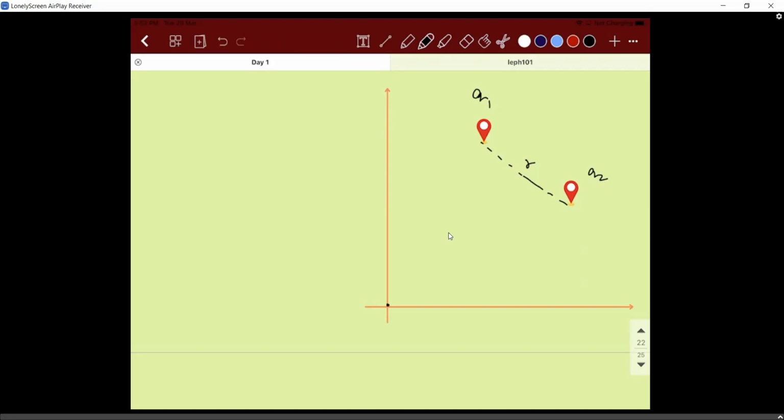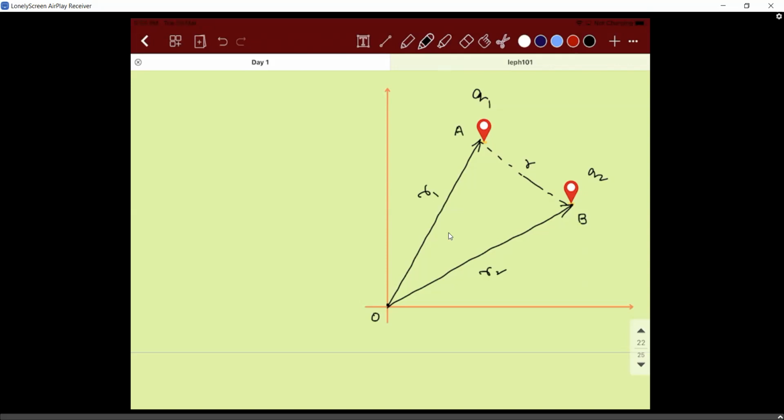From this origin, if I take this distance as R1 and this distance as R2, and I put an arrow mark, these two are the position vectors.